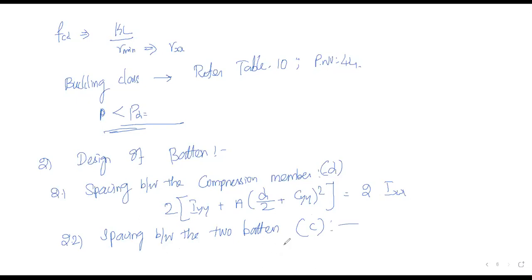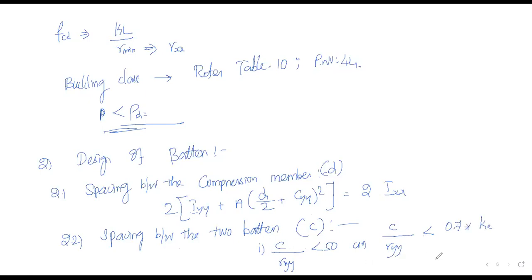For that, the condition is C divided by ryy should be less than 50, or C by ryy should be less than 0.7 into kg.